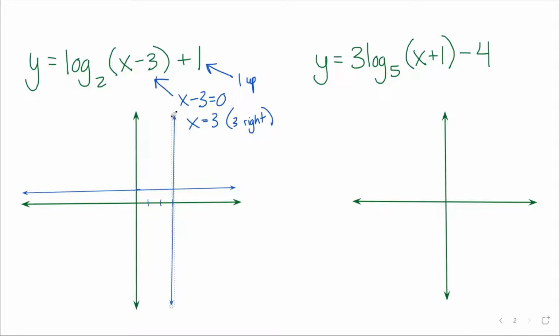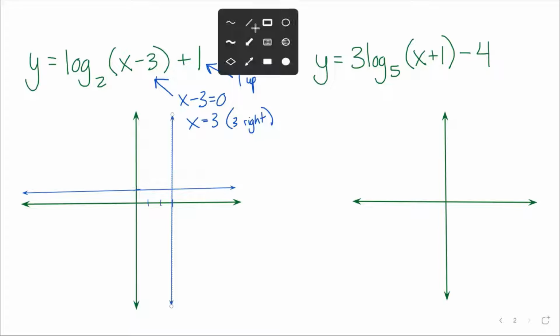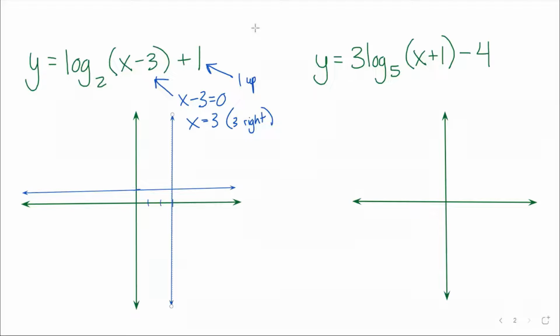There's that one. So I'm going to say, great, I've dealt with the horizontal and vertical transformations. And so now all I really need to think of is y equals log base 2 of x. And that's going to be relative to these new axes in blue.